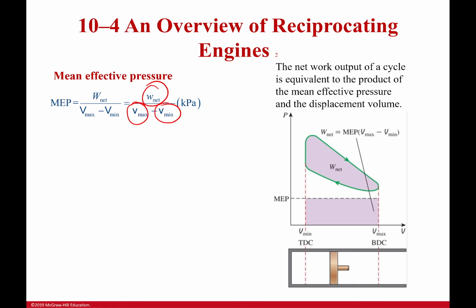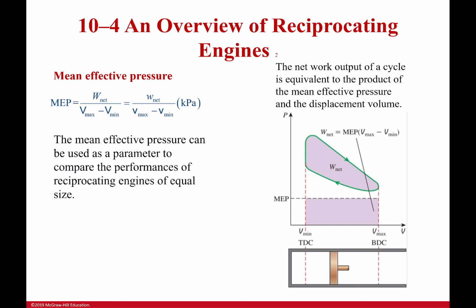So I'm trying to say here that an engine that can produce more work for less displacement is a pretty good engine. If I don't have to displace much air and therefore do a lot of combustion, that's a pretty effective engine. And so what do we use this for? Well, it's a way we can compare performances of reciprocating engines of equal size, okay?